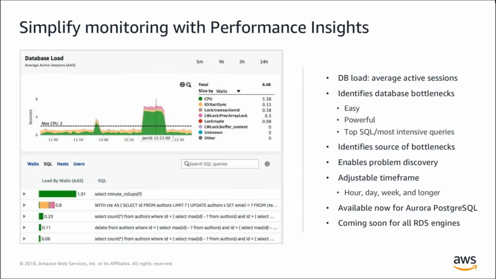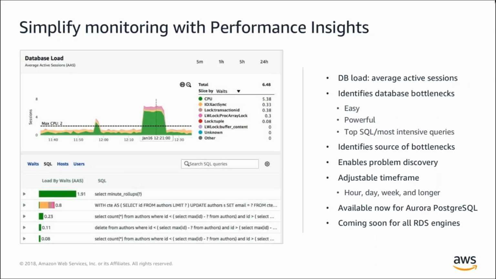One of the latest additions in the world of monitoring is RDS Performance Insights. Currently, it's available in preview for Amazon Aurora with Postgres compatibility. Soon it will be available for all RDS engines.